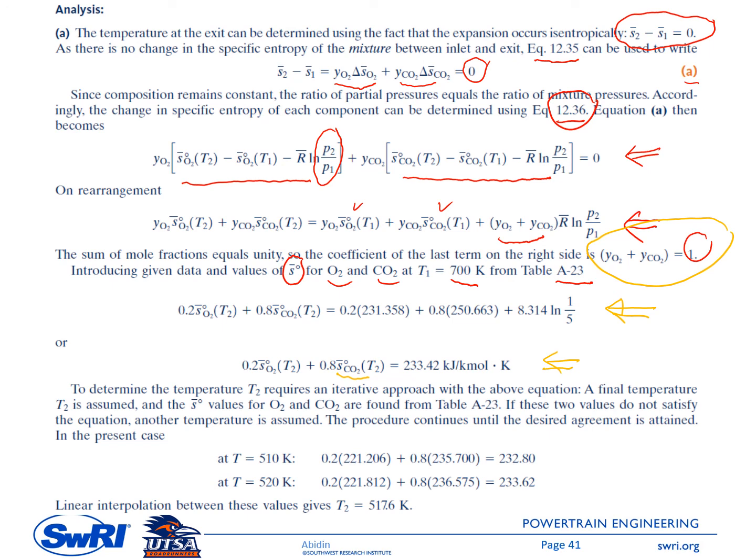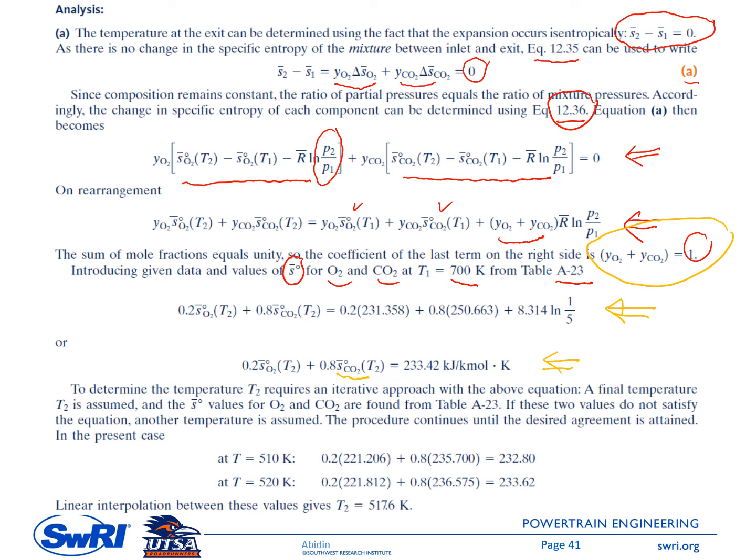But otherwise you can do a simple manual way. Take an arbitrary temperature. Okay, you can start even with T1 and then calculate it, and then you can see the trend. For example, if the number is too low, then you need to increase it. So you can increase it gradually, maybe increase by, let's say 100, and then check whether you already get the number on the other side, and then from there you can determine what should be the correct one.